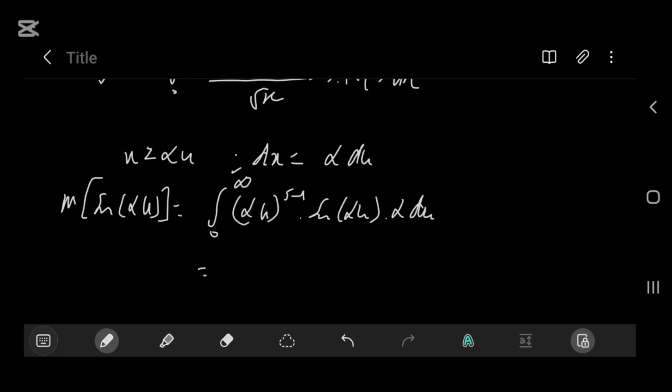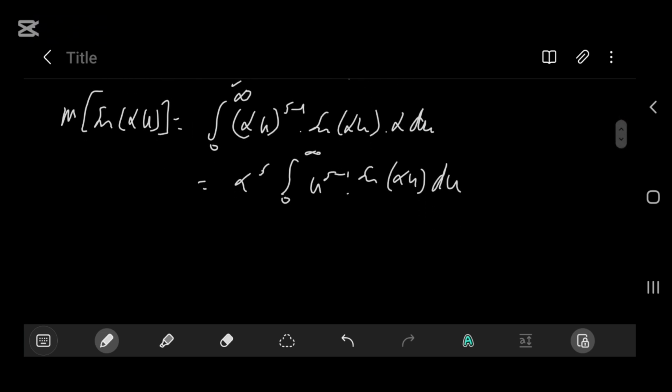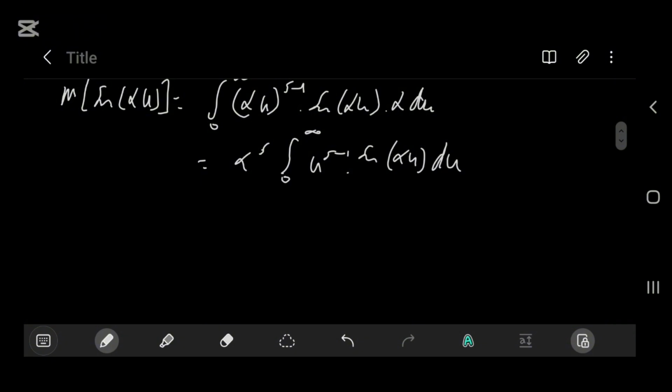Doing some simplifications, we get alpha to the power s times the integral from 0 to infinity of u to the power s minus 1 times sine alpha u du. If you take a closer look at this integral, it is just the Mellin transform of sine alpha u.